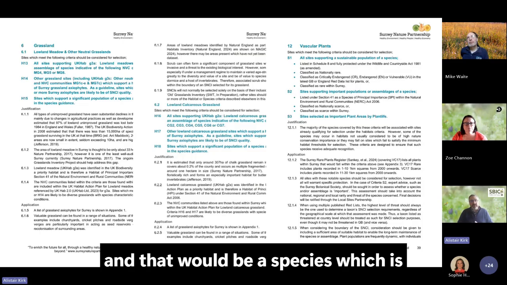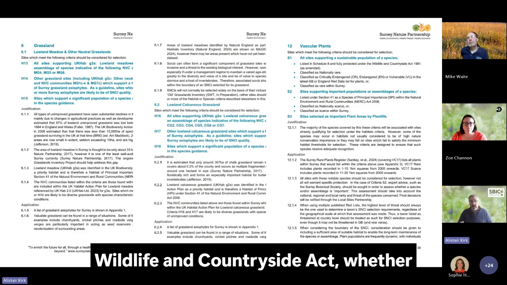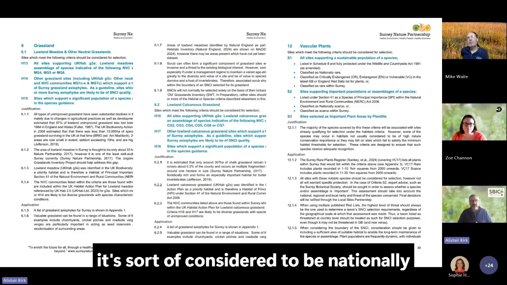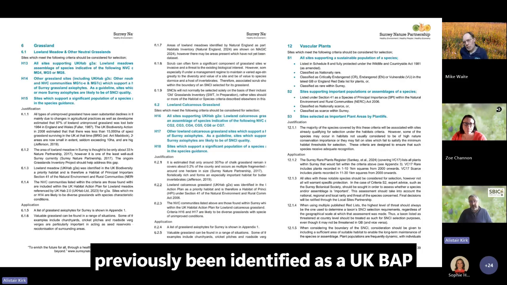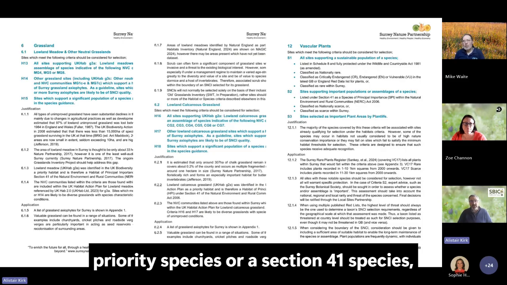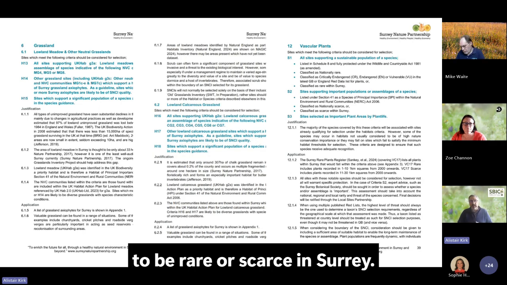That would be a species which is either protected under the Wildlife and Countryside Act, or considered to be nationally rare or scarce, or previously identified as a UK BAP priority species or a Section 41 species, but also whether or not it's considered to be rare or scarce in Surrey.